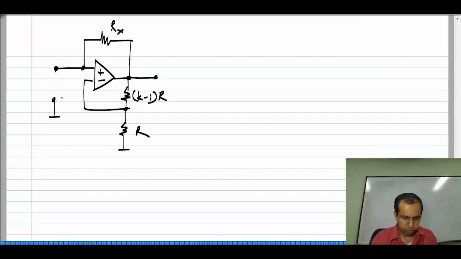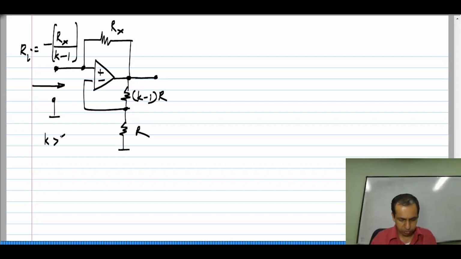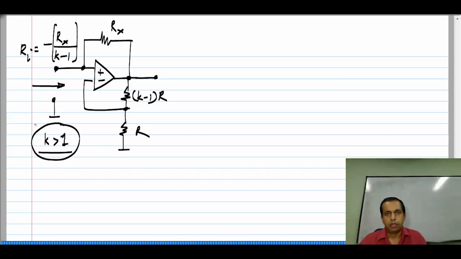Then between this point and ground, I see a resistance which is minus Rx divided by k minus 1. And in this circuit, of course, k is more than 1. Okay. Now, this is quite easy, and it turns out this is a specific case of what is known as Miller effect.